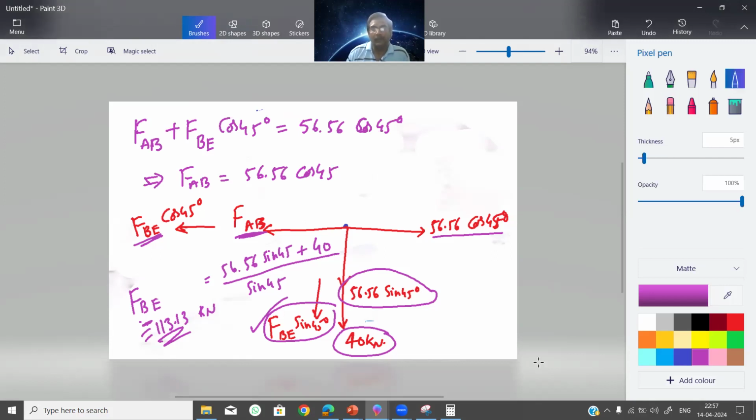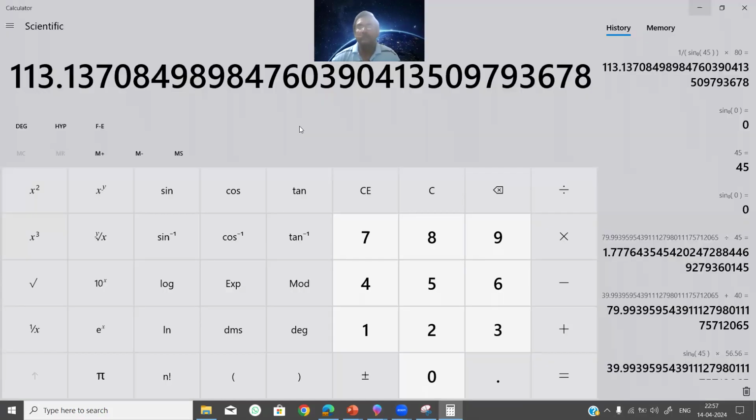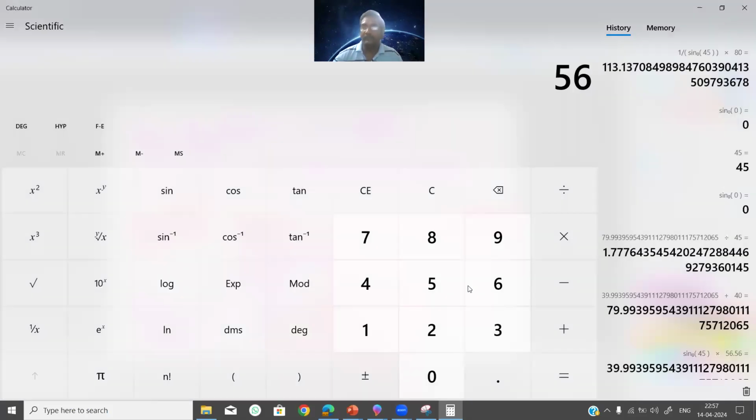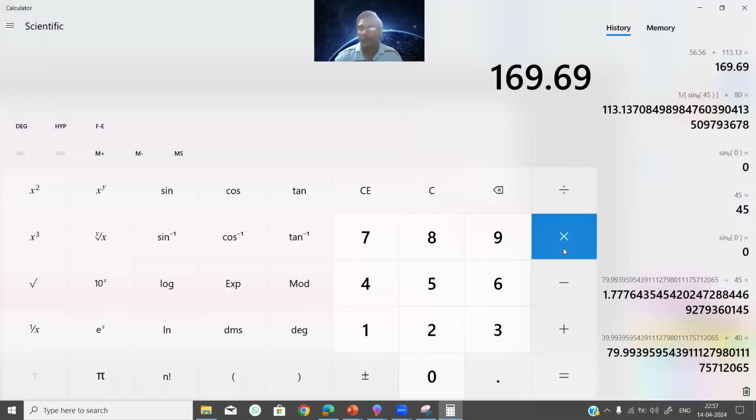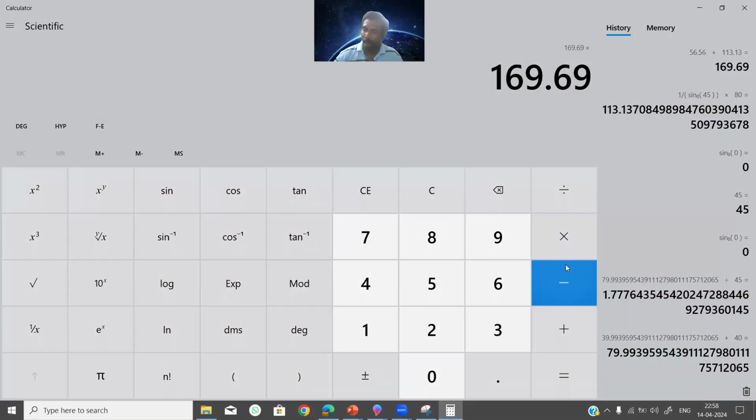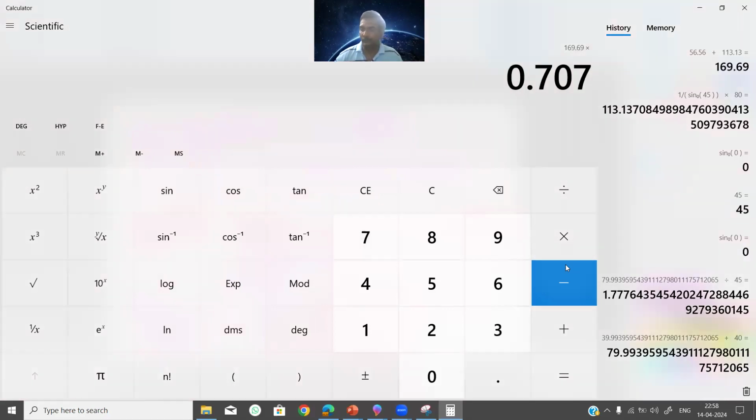Minus of minus 113.13 will become plus. So 113.13 into cos 45, right? So 56.56 plus 113.13 equal to 169.69 into 0.707.